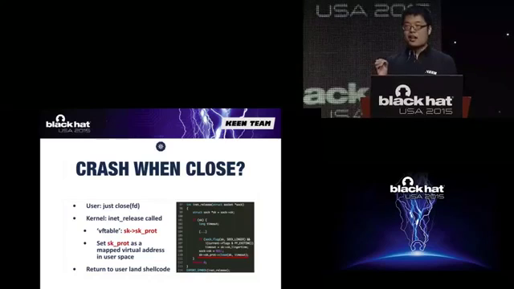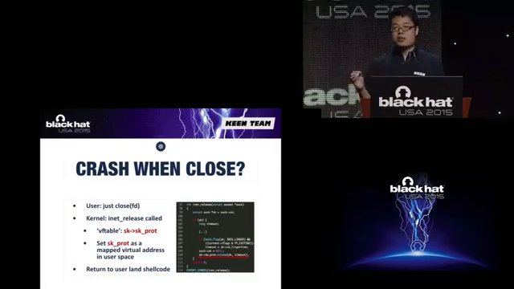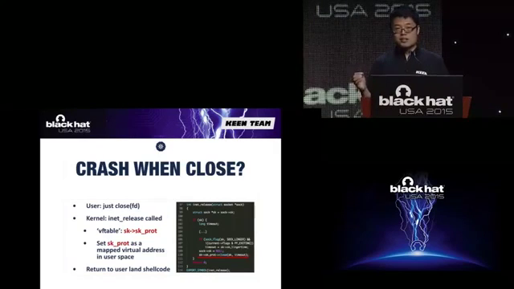It is called sk_prot, and it is an array of function pointers. When I close it, one of the function pointers, called close, will be invoked, and then the kernel crashes. So I realized that it is a typical use-after-free vulnerability, because that sk_prot value has been corrupted.